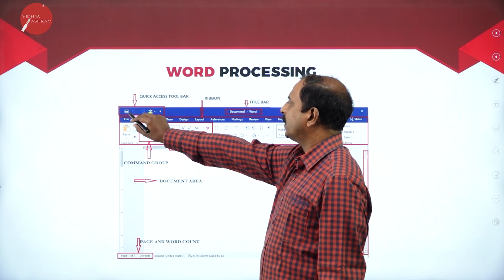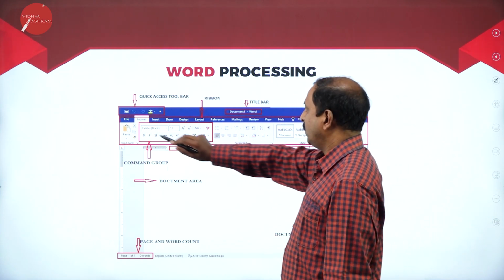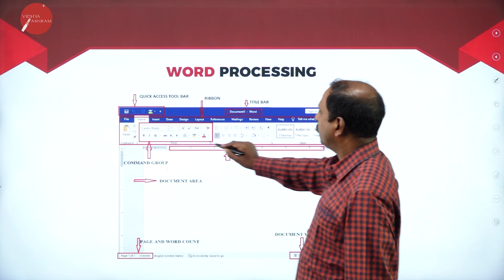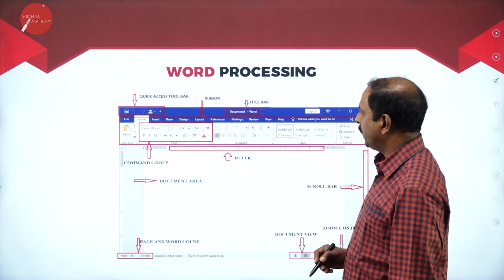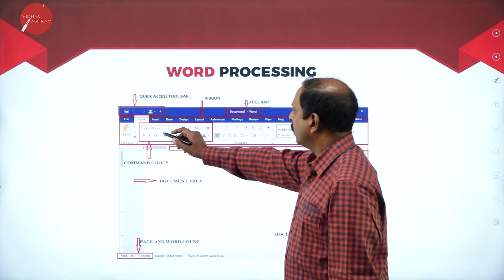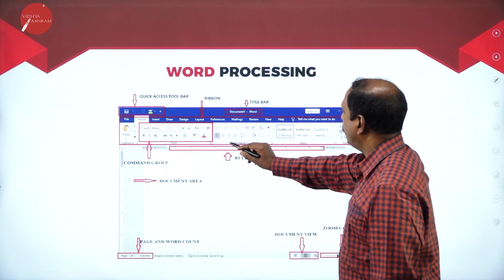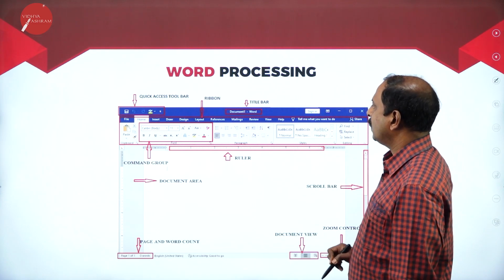Here directly we can access different applications and tools, and these are called ribbons. In this version, one entire line is called a ribbon, and these are called command groups. Here font is one command group, paragraph is another command group, style is another command group.